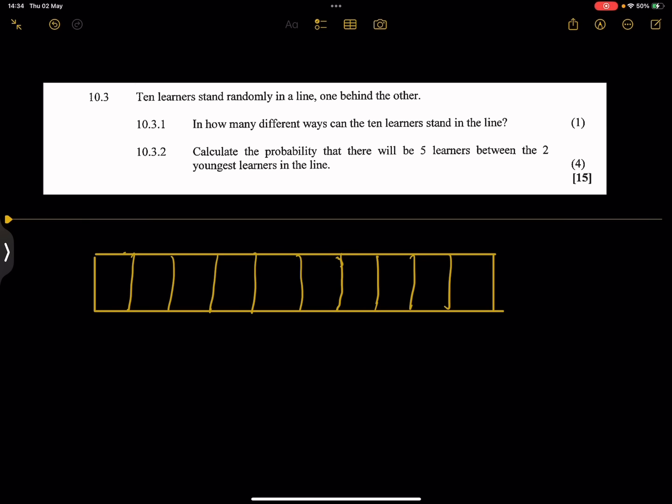We've got 10 learners. In the first position, of course, I can place any of the 10. In the second position, I've already placed 1, so I can place 9. In the third position I can place 8 because I've already placed 2. And in the fourth position I can place 7, because I've already placed 3, and so on and so forth.